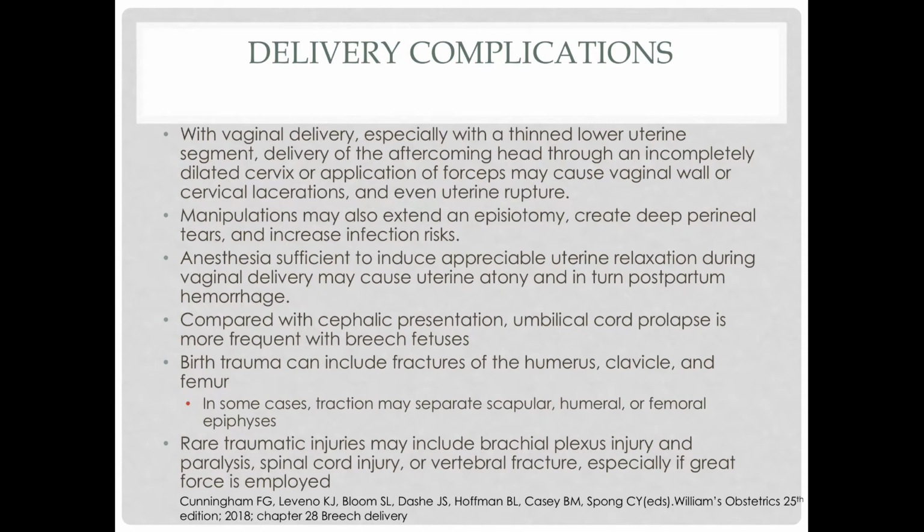Anesthesia that's sufficient to induce uterine relaxation during vaginal delivery may also cause uterine atony and therefore postpartum hemorrhage. Compared with cephalic presentation, umbilical cord prolapse is more frequent with breech fetuses. And birth trauma can include fractures of the humerus, the clavicle, and the femur. Rare traumatic injuries may include brachial plexus injury and paralysis, spinal cord injury, and vertebral fracture, especially if great force is employed.